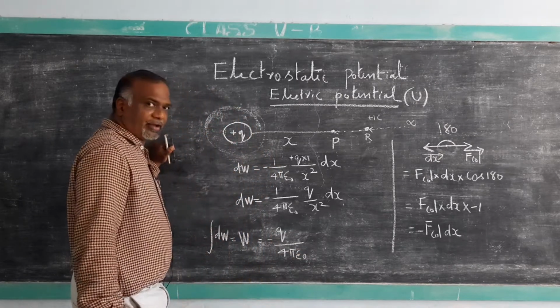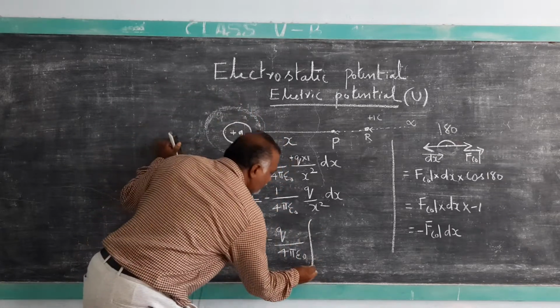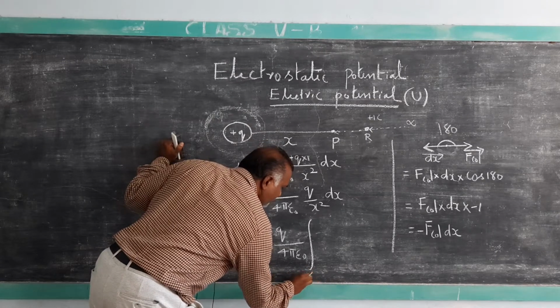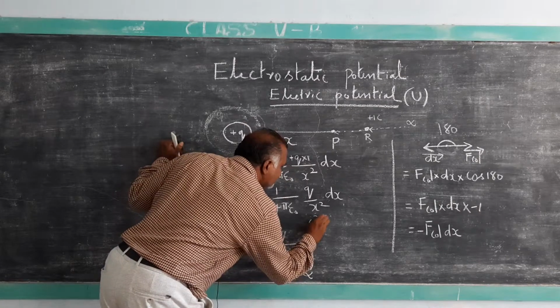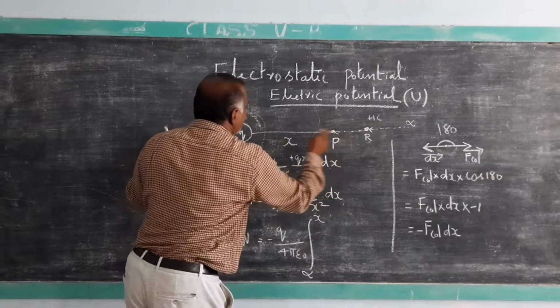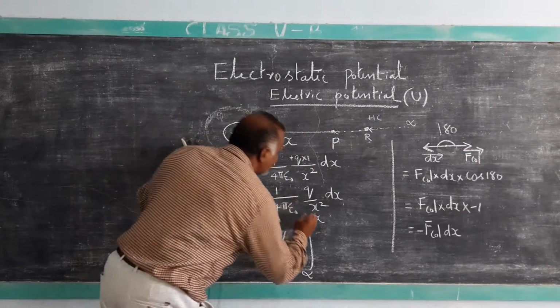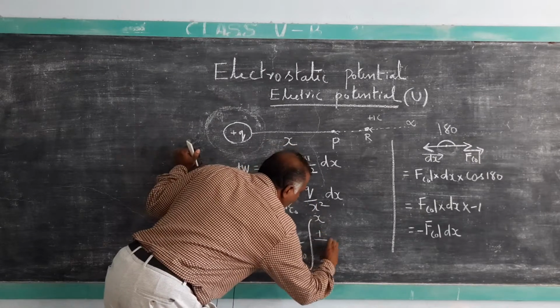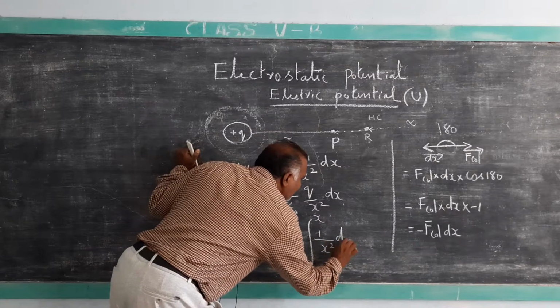So integration, lower limit infinity, upper limit x, infinity to x, of 1 by x squared, and 1 by x squared is x to the power minus 2, into dx.